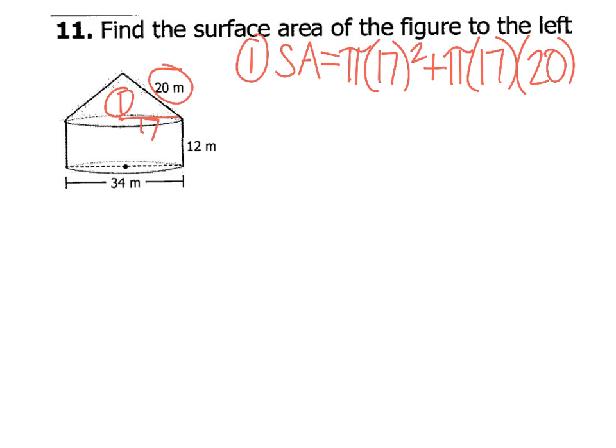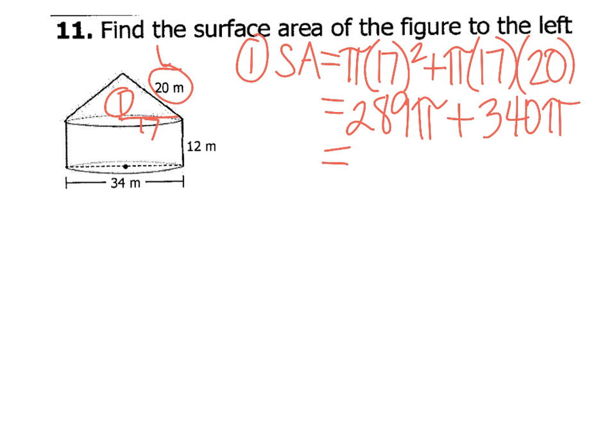This is our slant height. Then let our calculator do all the hard work. So we get 289 pi plus 340 pi, add them together, and we get 629 pi.